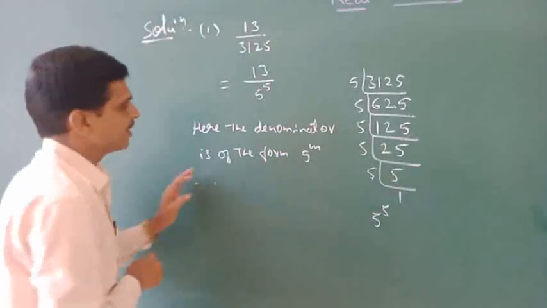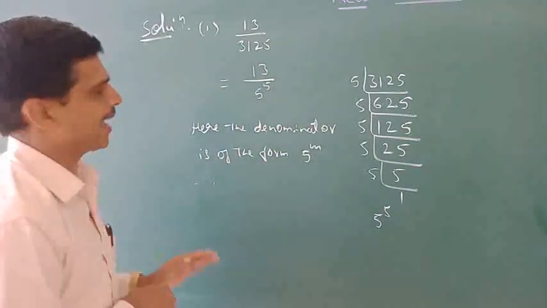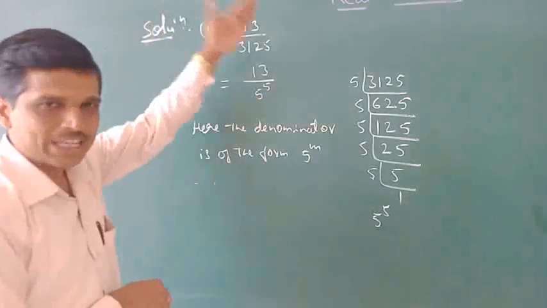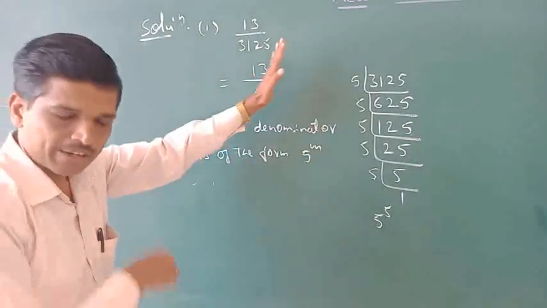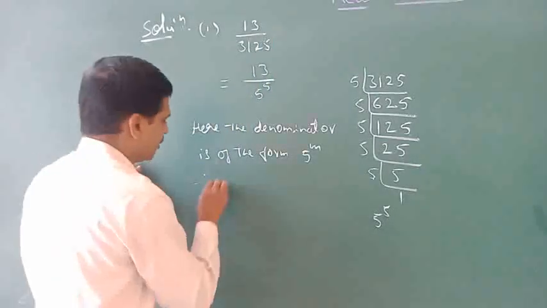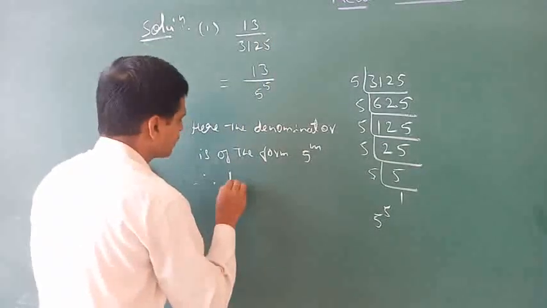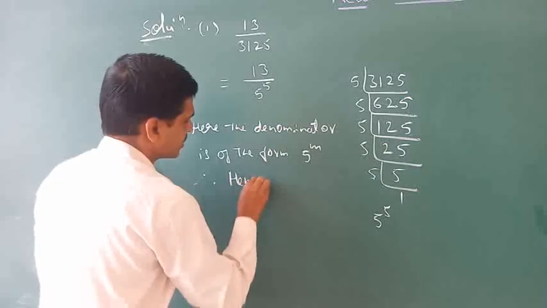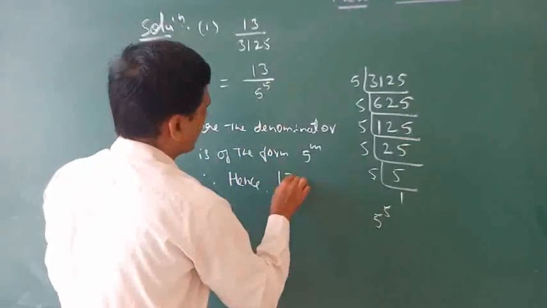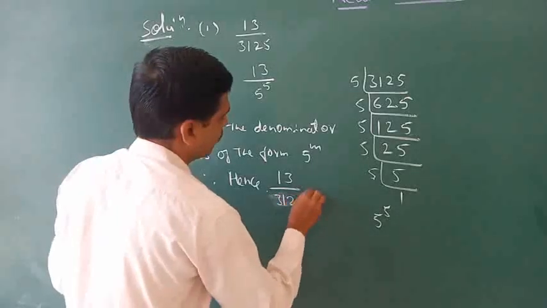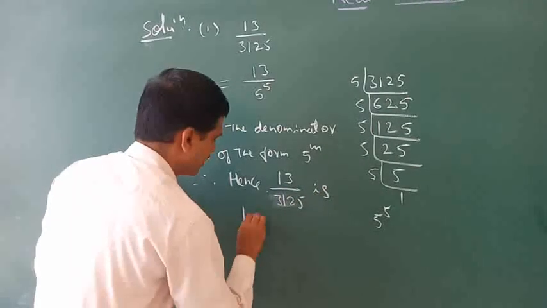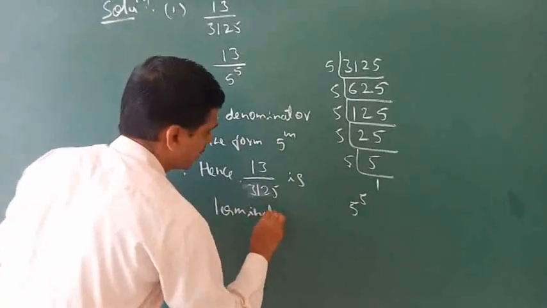So that is why, if you expand the given number into decimal form, you will get a terminating decimal. Hence 13 by 3125 is terminating.